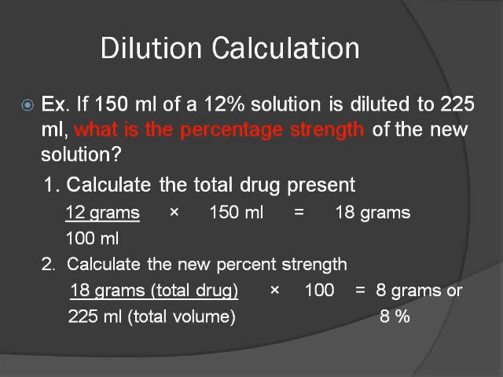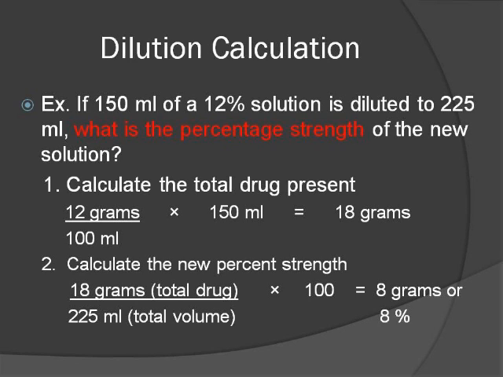To do that, we take the total drug over the total volume, which is 18 grams over 225 milliliters. Then we multiply that by 100 because we want to calculate the new percent strength, which is so many grams out of 100. So when you take 18 divided by 225, multiply by 100, we get 8 grams or 8%.